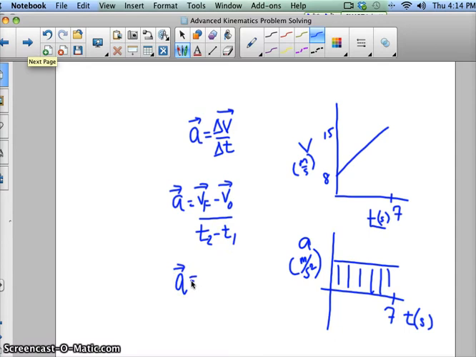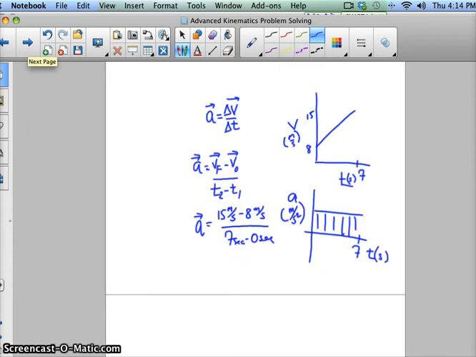Okay, so 15 meters per second minus 8 meters per second, and that's going to be over 7 seconds minus 0 seconds. So that should give me an acceleration of basically 1, because 15 minus 8 is 7. So we got a change in velocity of 7 meters per second. That takes place every second.